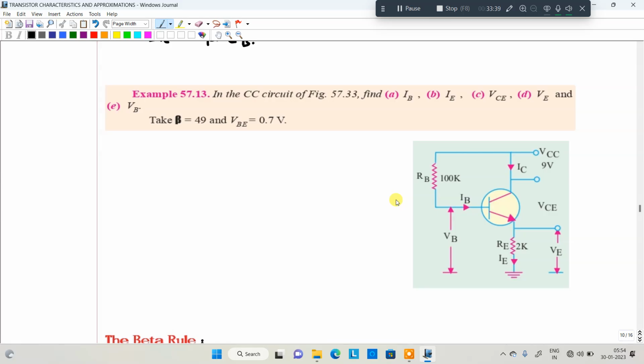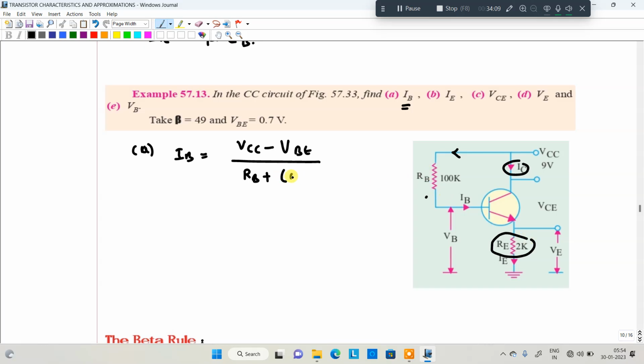Here the collector terminal is common to both input and output. First they are asking about IB, so I am going to find IB first. IB is equal to VCC minus VBE divided by RB plus the emitter resistance referred to base, 1 plus beta into RE.